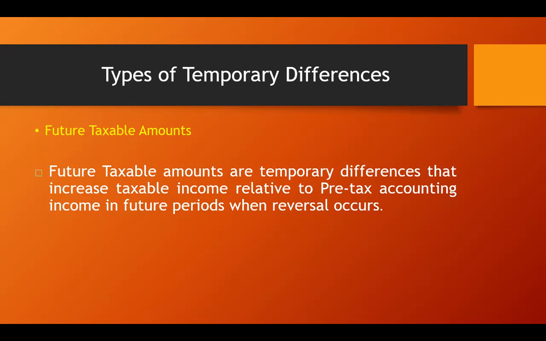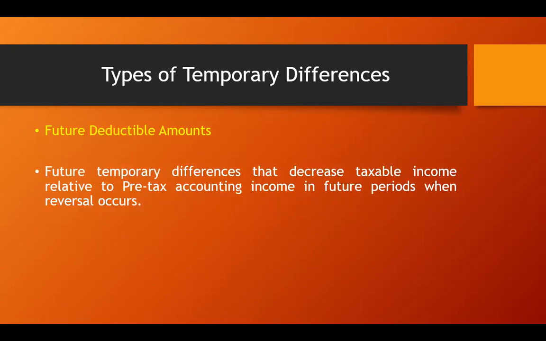There are two concepts. One is future taxable amounts. The second one is future deductible amounts. These are temporary differences that decrease taxable income relative to pre-tax accounting income in future periods when reversal occurs. So we have two concepts: future taxable amounts and future deductible amounts.